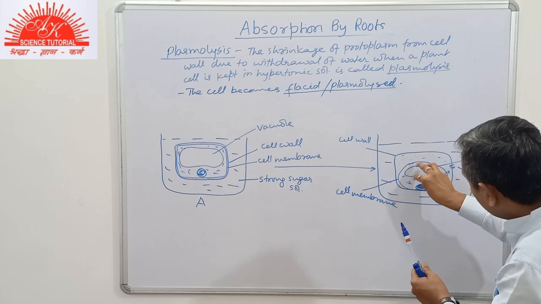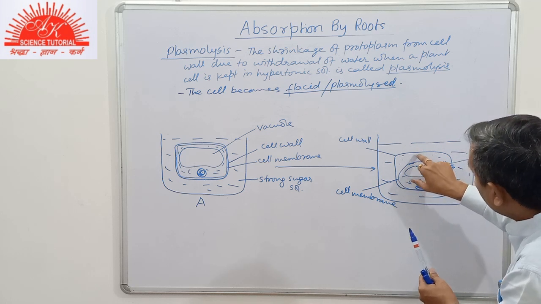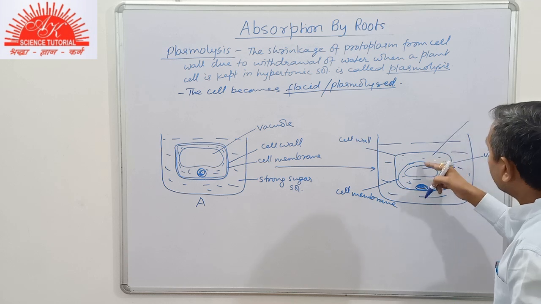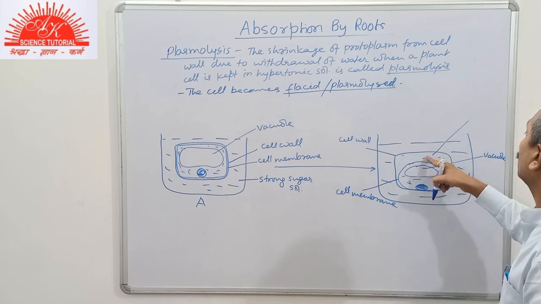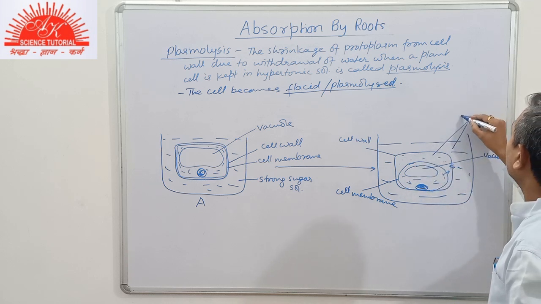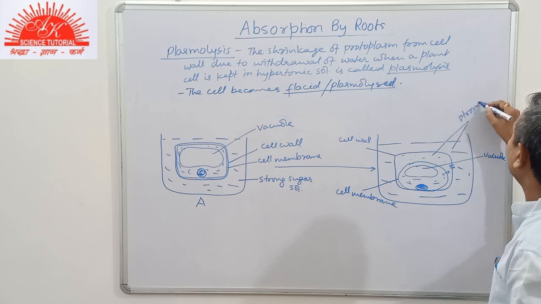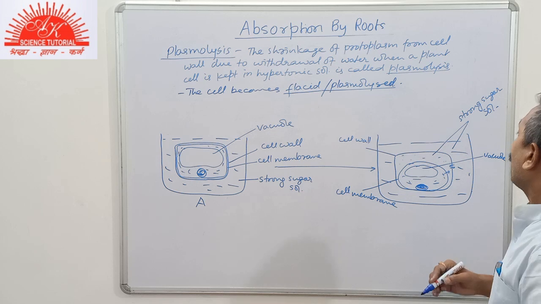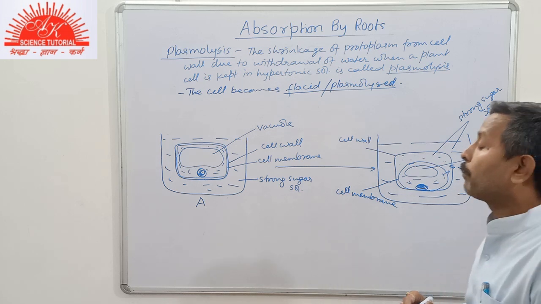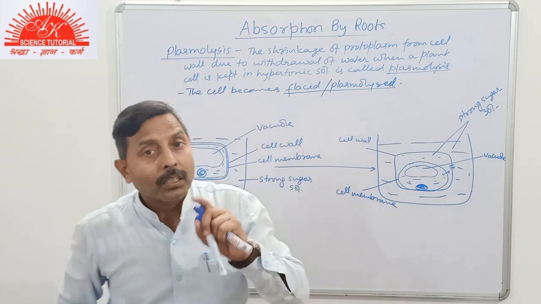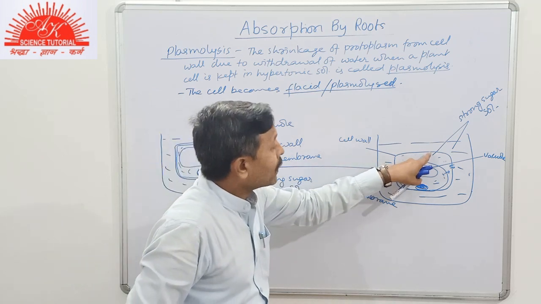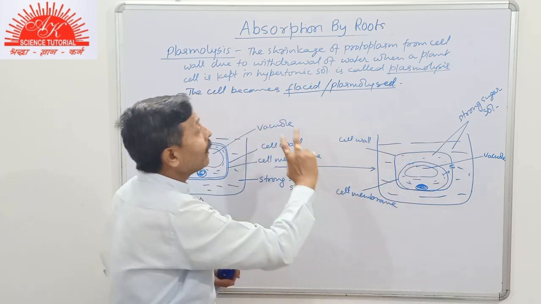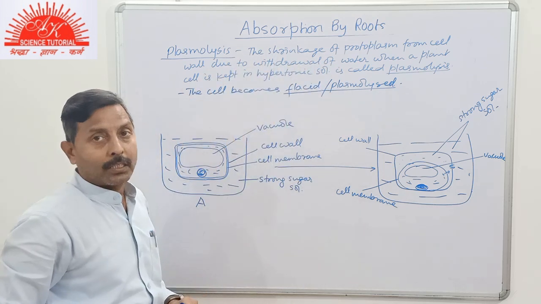Here is the cell membrane and here is the cell wall. Even in the space here, there will be a strong sugar solution, or we can say there will be hypertonic solution in the space between cell wall and cell membrane. And this cell is said to be flaccid or plasmolyzed.